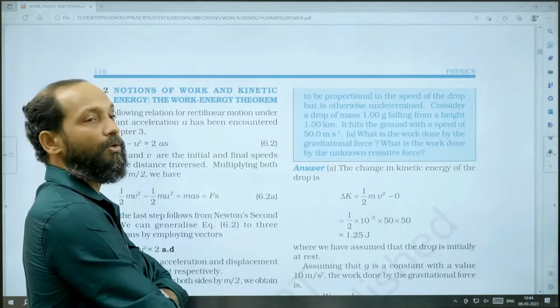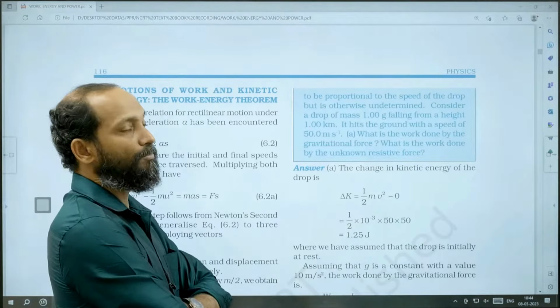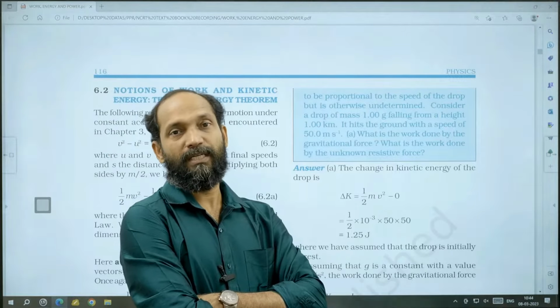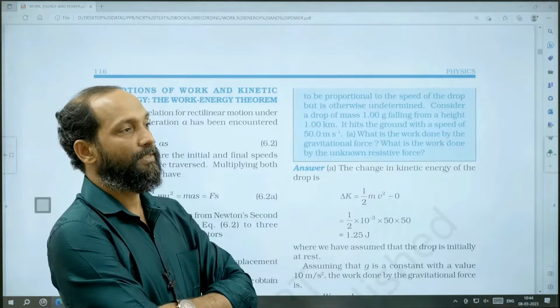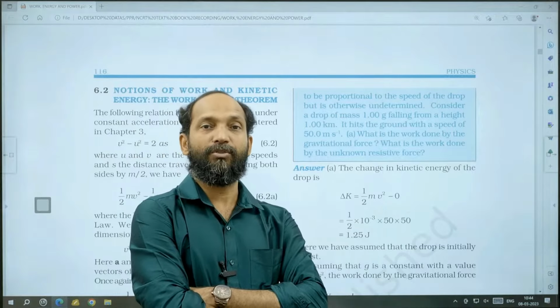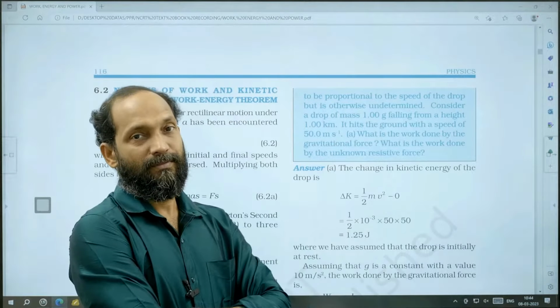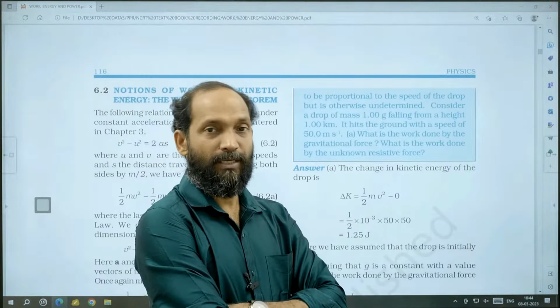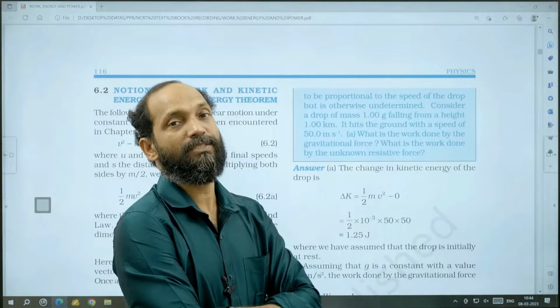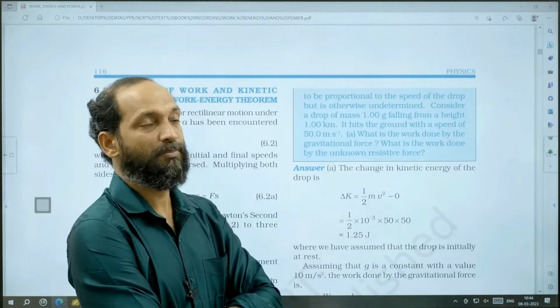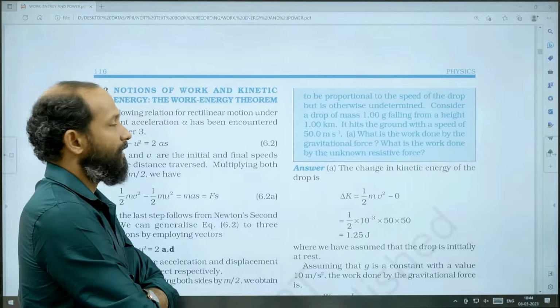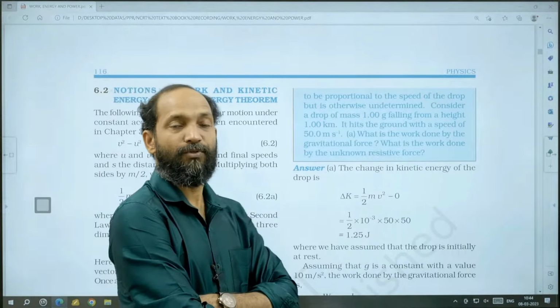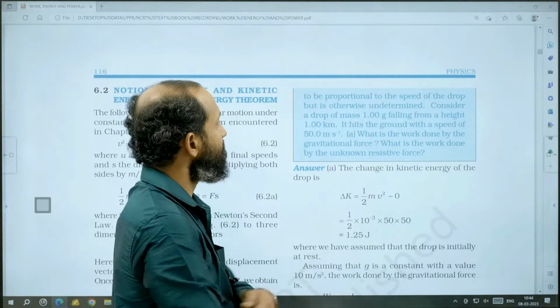We have learned already in the chapter on fluids, from Stokes' law, that a spherical droplet falling through a viscous medium assumes a terminal velocity, because of a viscous force acting on it, given by Stokes' formula, 6 pi eta RV. That viscous force, which is a resistive force, is proportional to the speed.